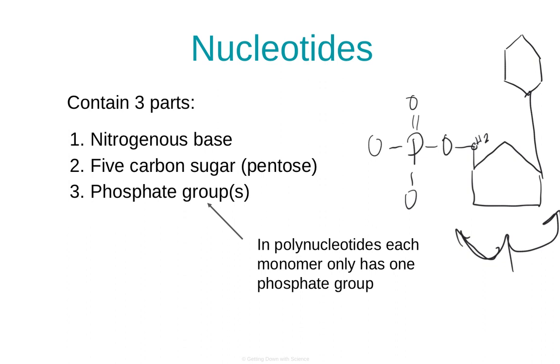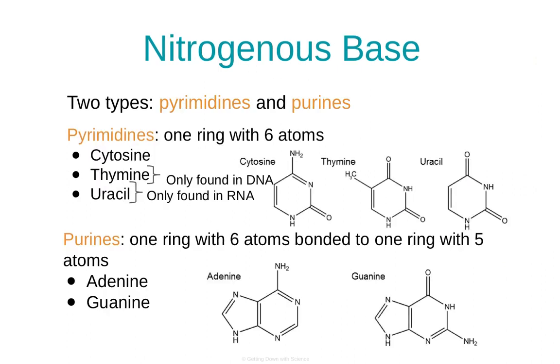It's the difference in these sugars that give it a name, DNA or RNA. If it is a deoxyribose sugar, it gets the DNA part, and if it's a ribose sugar, it gets the RNA part. Pyrimidines and purines are 2 types of bases. So pyrimidines are 1 ring with the 6 atoms.